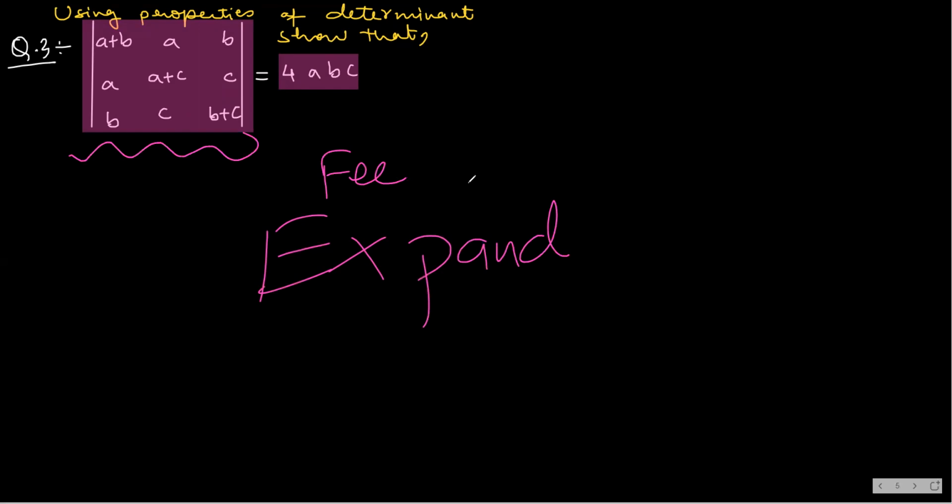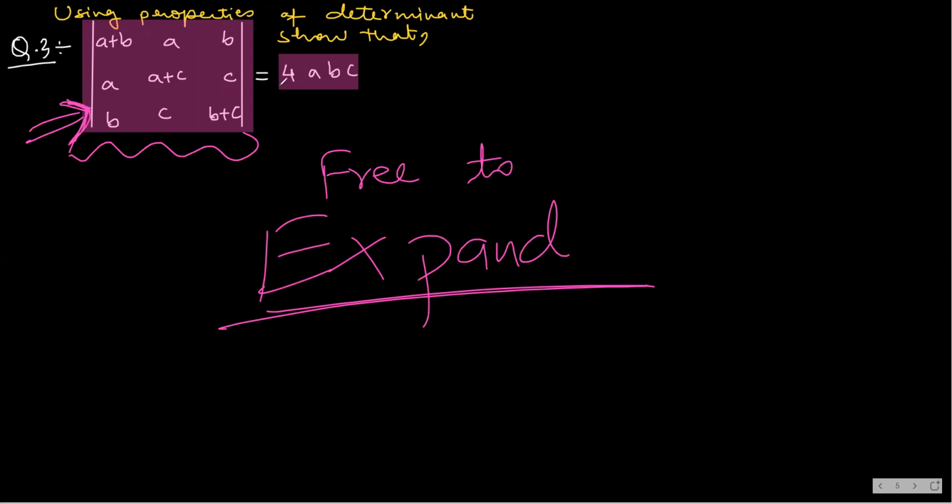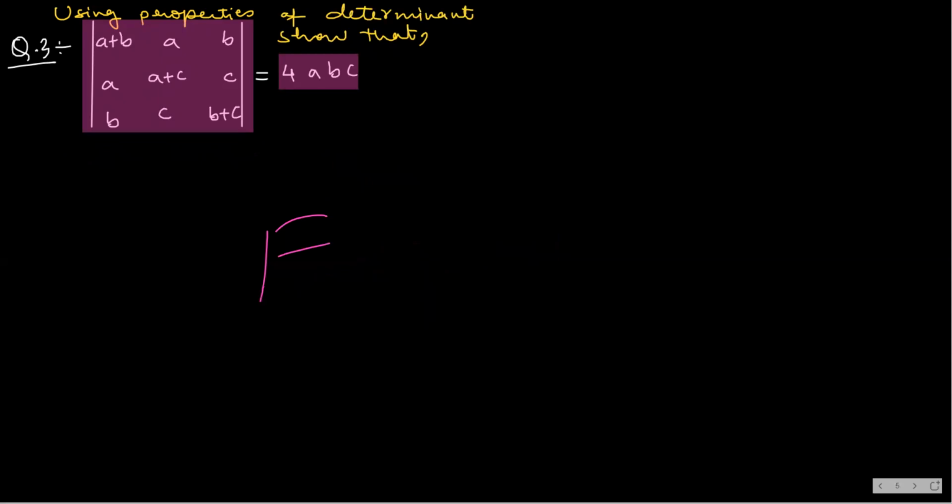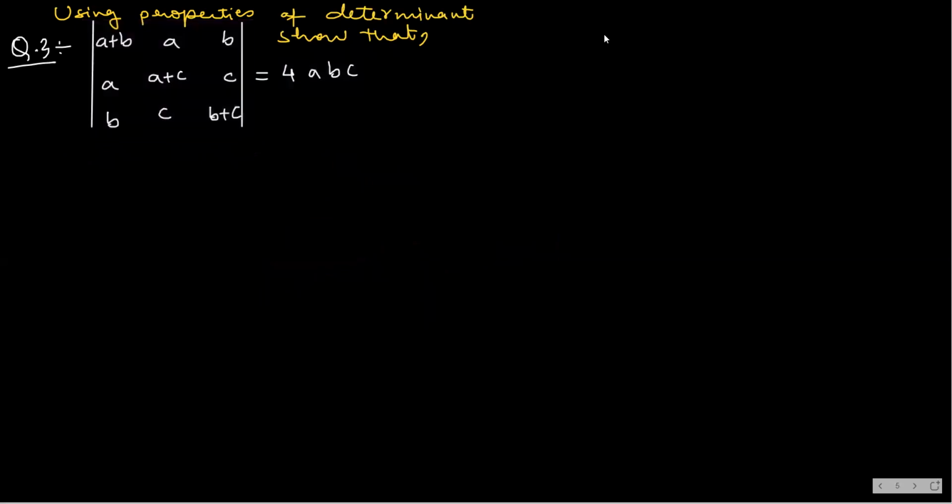If I want, I can expand the left hand side determinant and get the value 4abc. At the same time, they have said that usage of properties is also allowed. You can even use the properties.